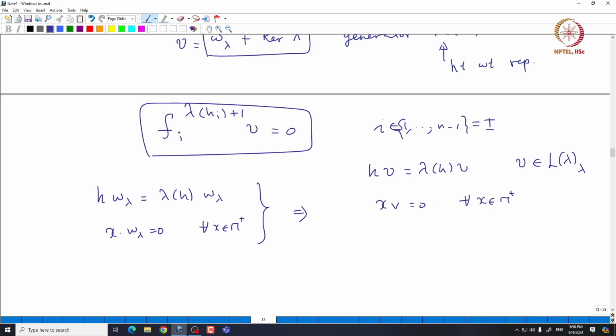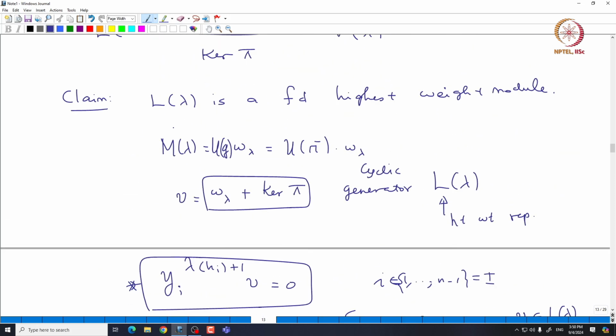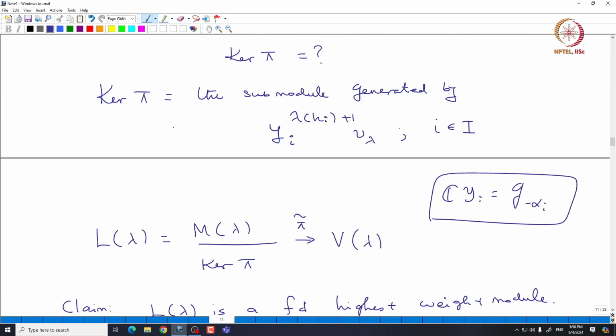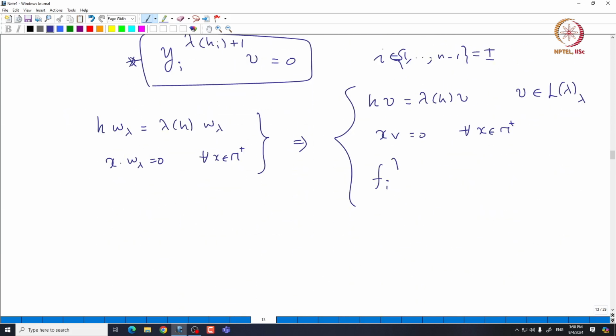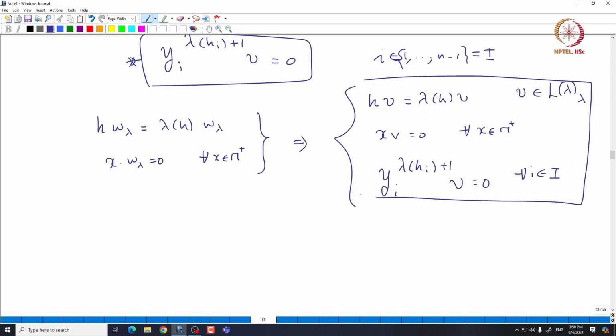This forces v to be a highest weight vector for L of lambda. Moreover, we also have the relations coming from this module: y_i to the power lambda of h_i plus 1 applied to v is 0 for all i in I. So these relations are true in L of lambda.